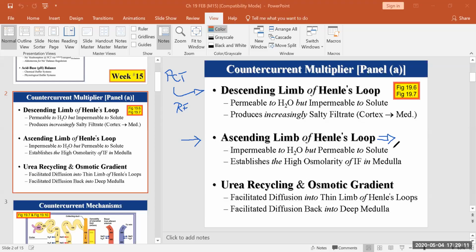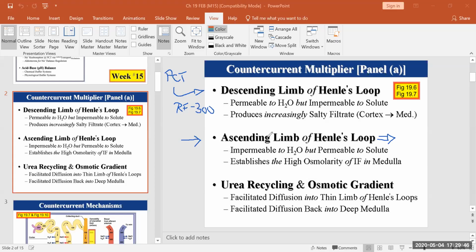So as the renal filtrate is going back up through the ascending limb and toward the renal cortex again, you're seeing that the osmolarity, the salt concentration of the renal filtrate, will drop. It can go all the way down to 50. So it started off at 300 at the beginning. The osmolarity of the renal filtrate is around 300.